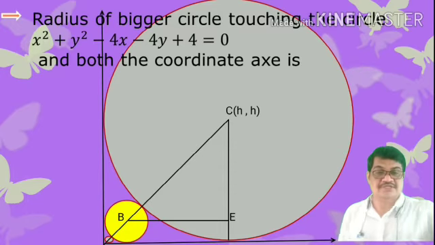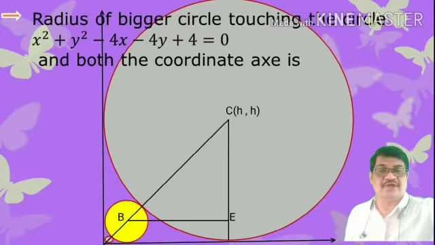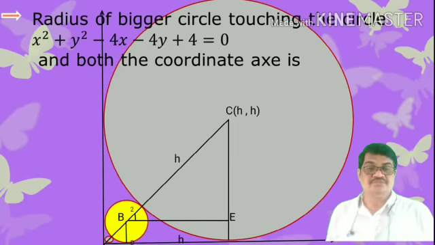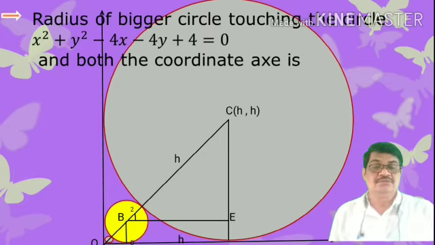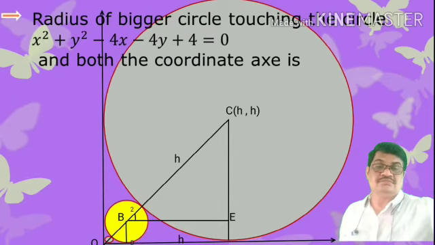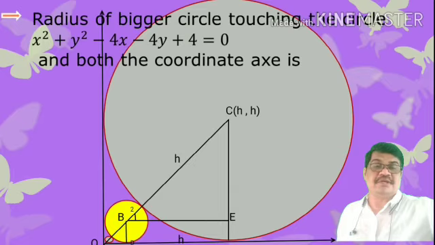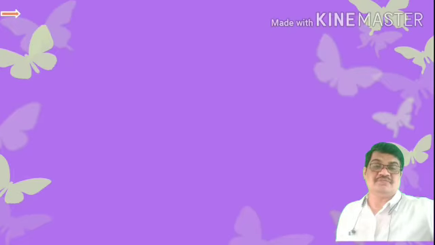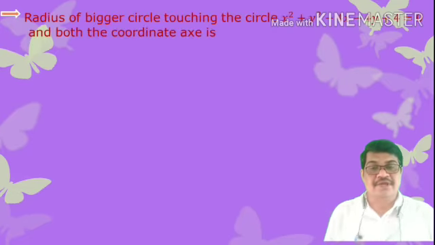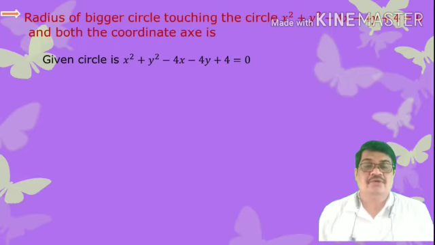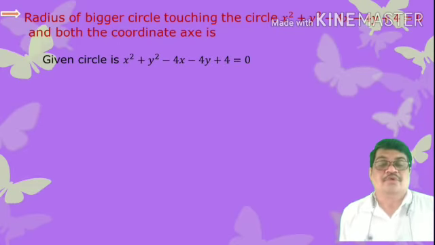Now BE length we have to find. Here the radius of the circle is h. This is the diagram. Here we have to solve this problem.